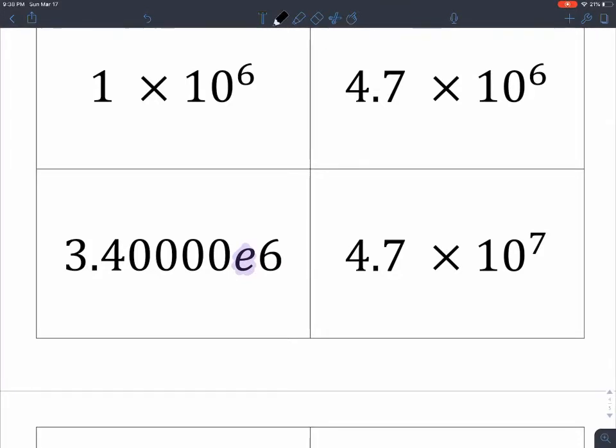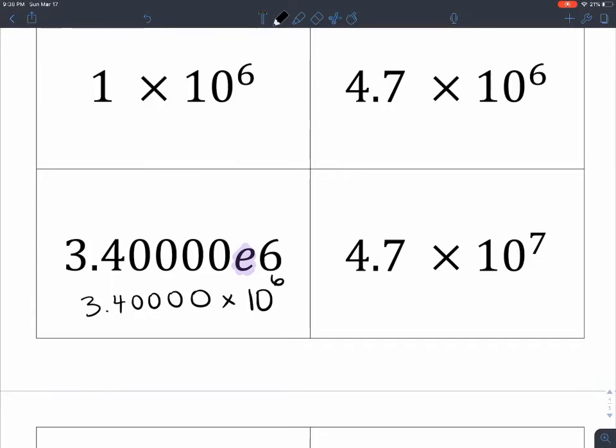So this would be the same thing as me writing 3.40000 times 10 to the 6th power. So that would be like moving it out to the 6th power.